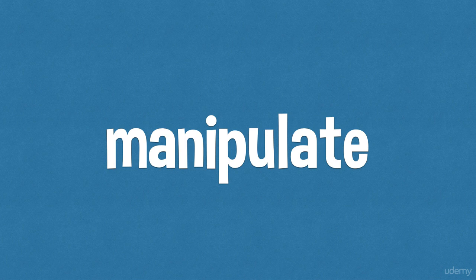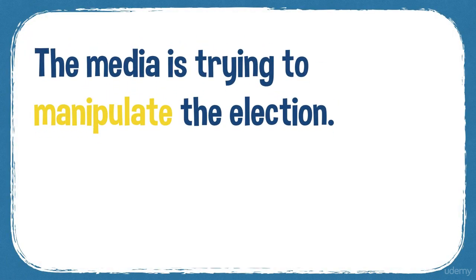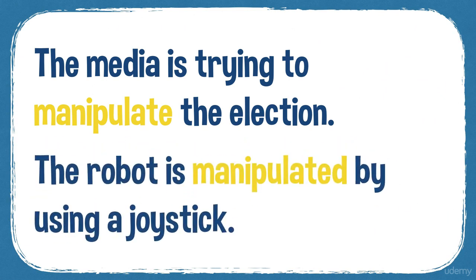You can also manipulate an object or a piece of equipment or even a difficult idea, so it suggests a skill as well. For example, the media is trying to manipulate the election results. They're trying to change the election results by saying things.